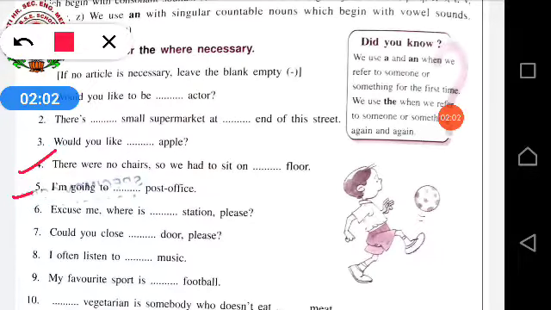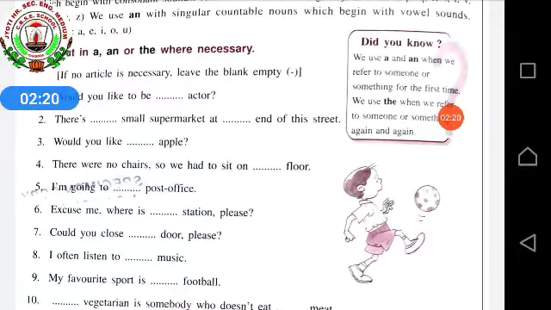If you are not able to, then when you get the notes PDF of this chapter from grammar, you can check from there whether your answer is correct or not. I hope I'm clear for you all. So let's start.